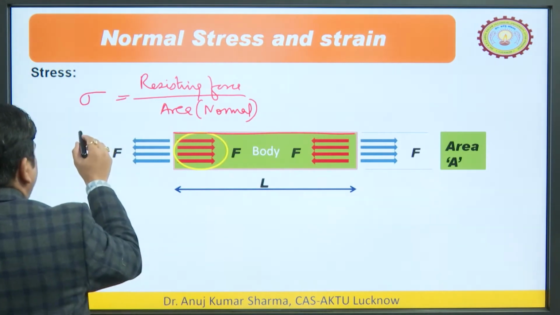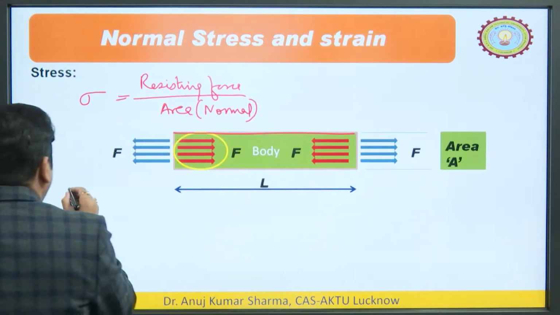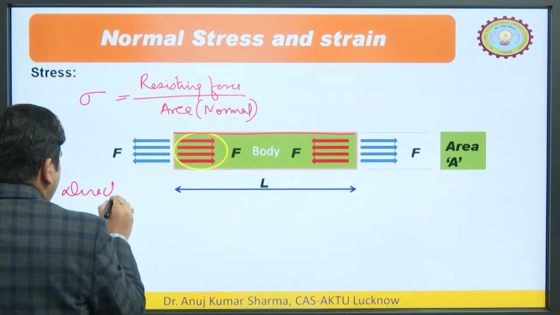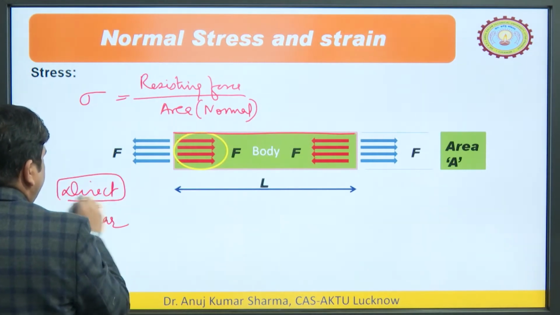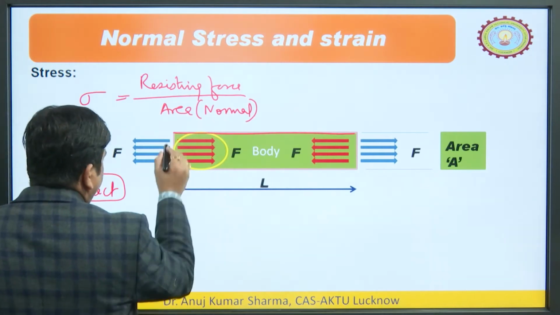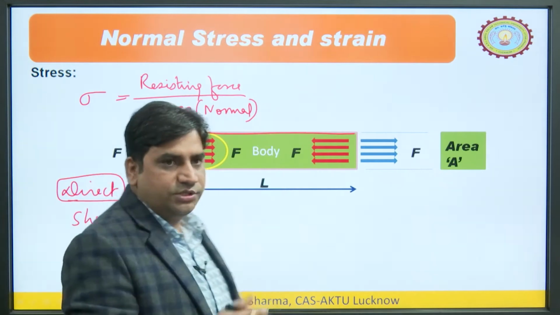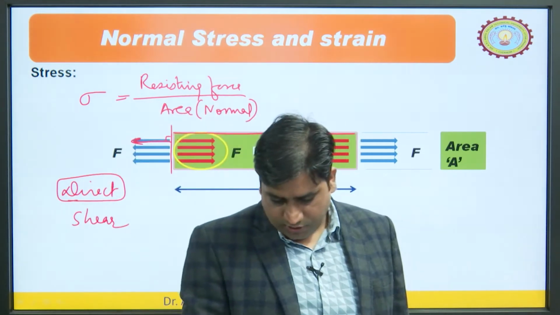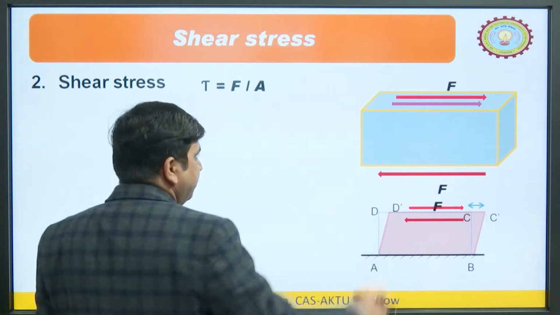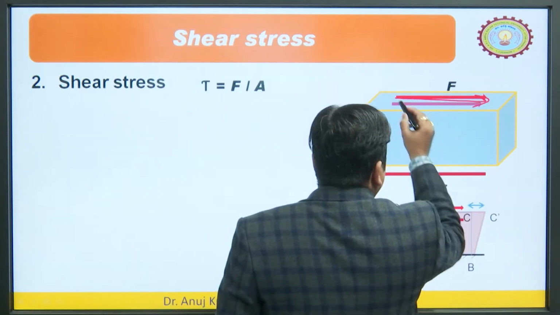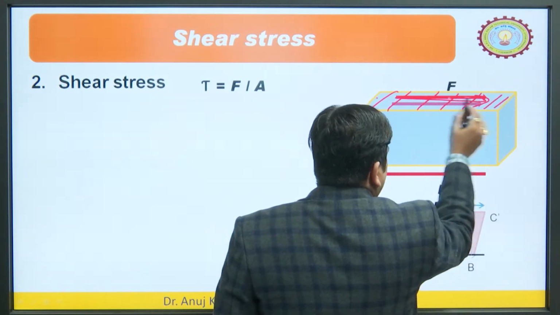So, the stress may be of two types: direct and shear. Direct stress means the force is acting perpendicular to the cross sectional area. If we talk about the shear stress, the force is parallel to the surface. Let us say the surface is this and the force is acting parallel to this.